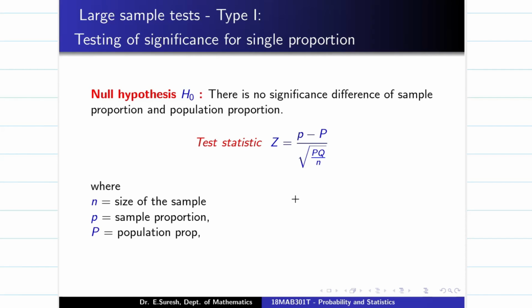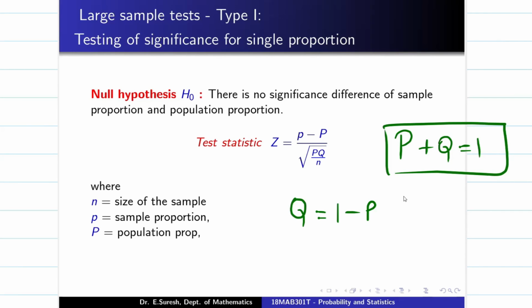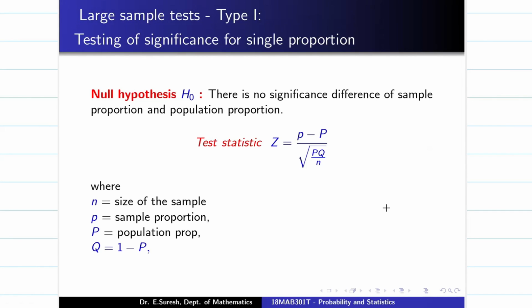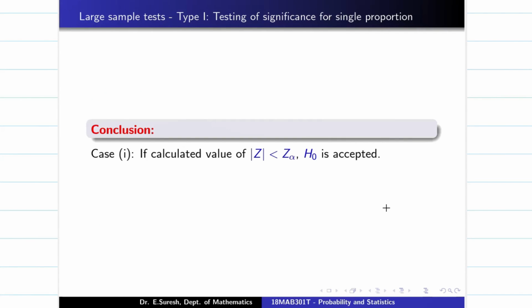Once you know P, as usual Q is equal to 1 minus P, because we know from unit 1, P plus Q is always 1. That's it. Now we have to go for the conclusion. Just now I said the conclusion is universal for all large samples.